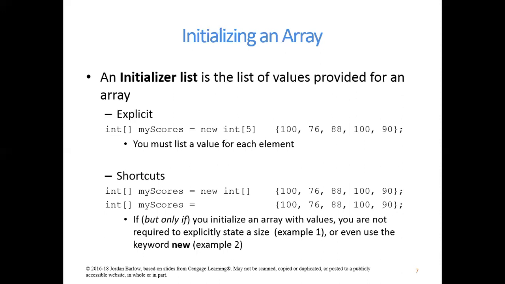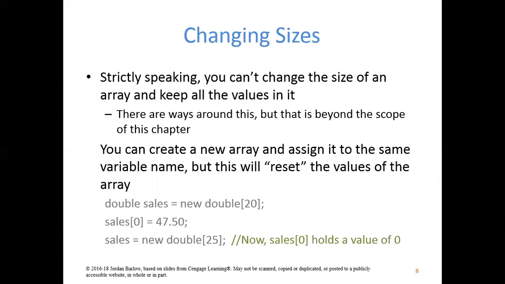And I will do this for the quiz scores examples, but first I just want to mention that you can't technically change the size of an array after you've created it. You can create a new array and assign it the same variable name, but this will overwrite or reset the values of the array.